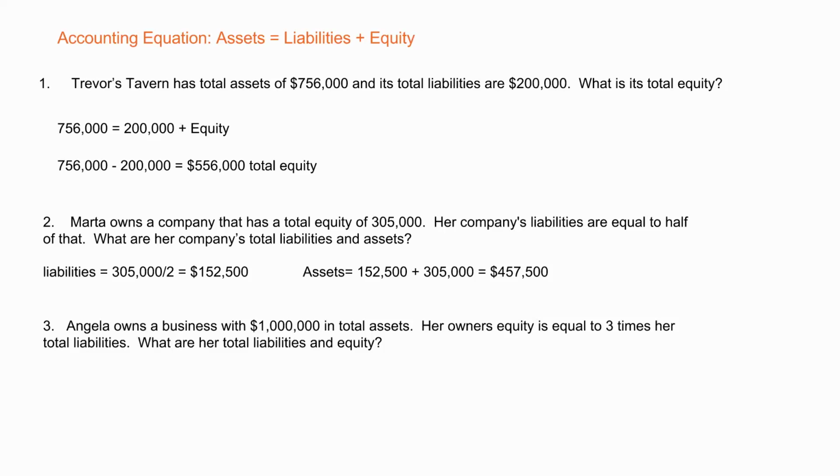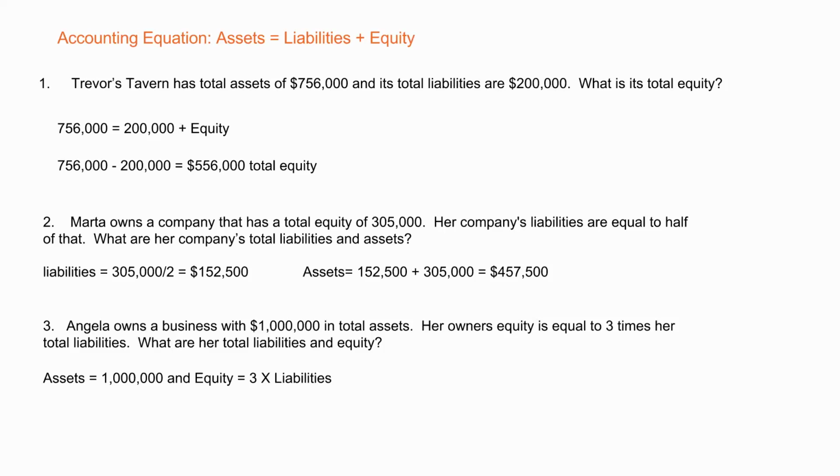Alright, this one's a little bit harder, I believe, than the last one. So we're going to state what we know. By doing that, we realize that our assets are $1 million and our equity is equal to 3 times our liabilities.